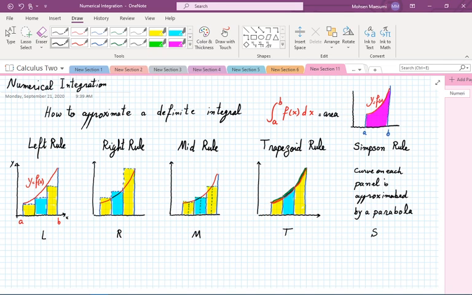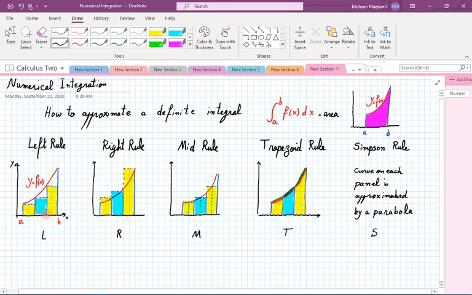So again, the idea is very simple. How do you calculate the area under the graph of a function? So the approximation we have in mind is, well, take this region that you want to calculate its area and cut it up into panels, approximate the area of each panel by a rectangle, calculate the area of each rectangle and add them up.